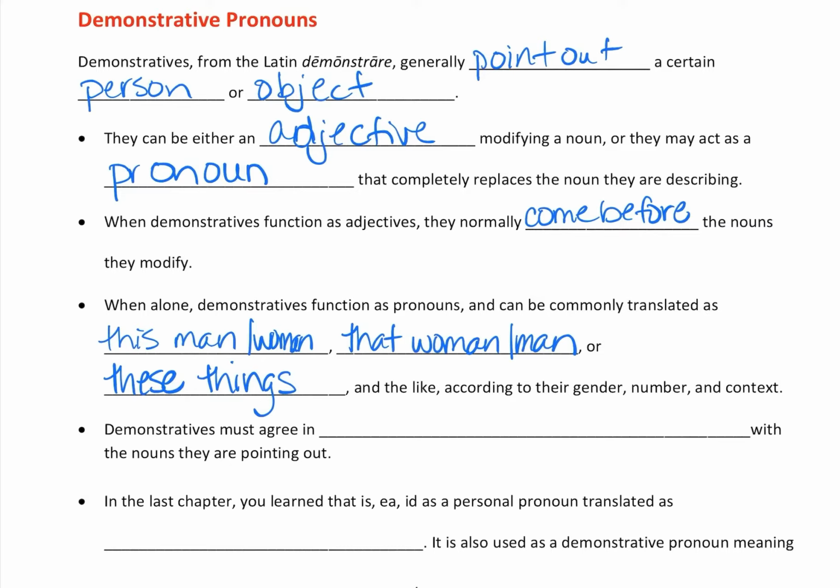Now, if you remember, there's often words that are implied, and this whole man, woman, things, you'll often see it as implied. So if it doesn't make sense to you with just this or that, try putting a man, whatever's appropriate in there, man, woman, these things, in the context, and see if that makes sense.